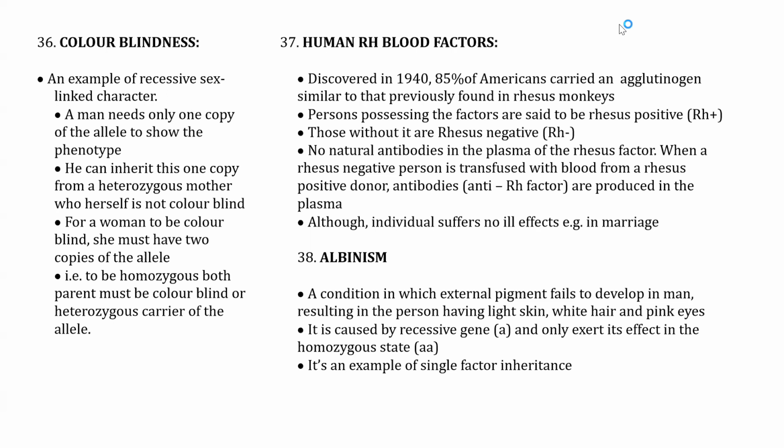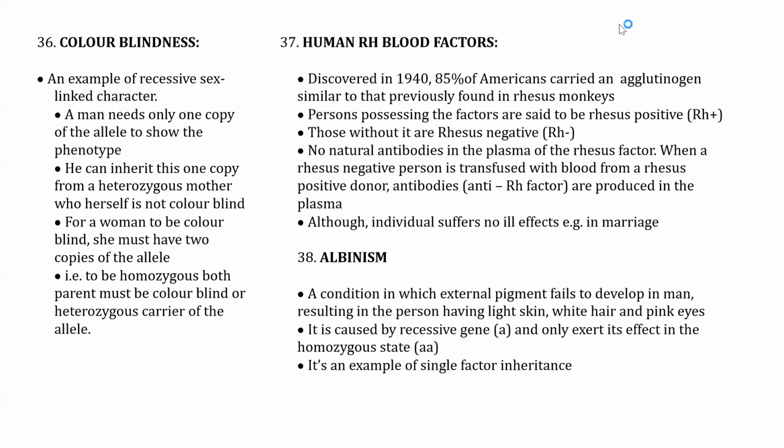He can inherit this one copy from a heterozygous mother who herself is not colorblind. Did you see what I said? I explained it earlier. The mother who does not even know that she has it, that is because she's heterozygous. She has a recessive gene for color blindness, so a child can inherit it from there. As simple as that.